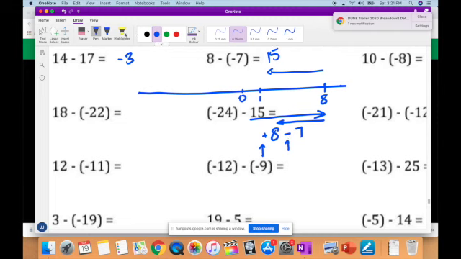So at the end of the day, if I have 8 minus -7, what that's saying is, I want you to go back in that direction 7 steps, but now you're telling me you want me to change that direction. So you can think of the negative as being a change in direction.